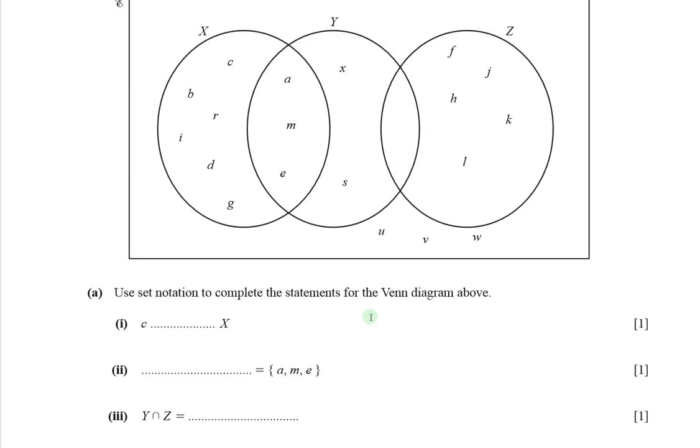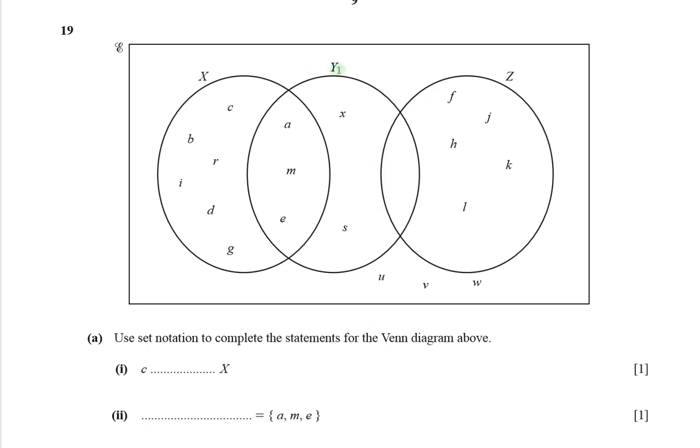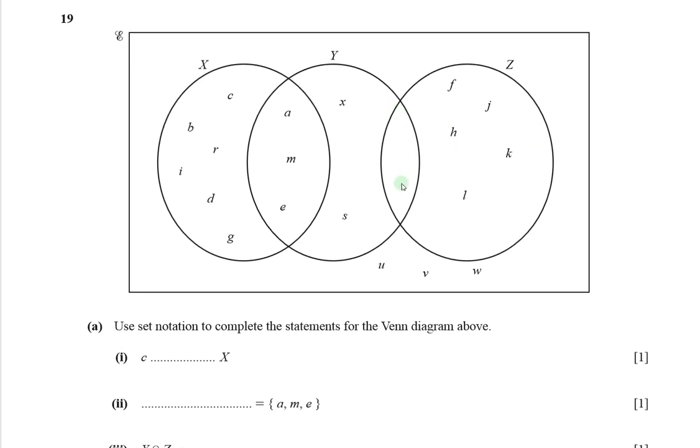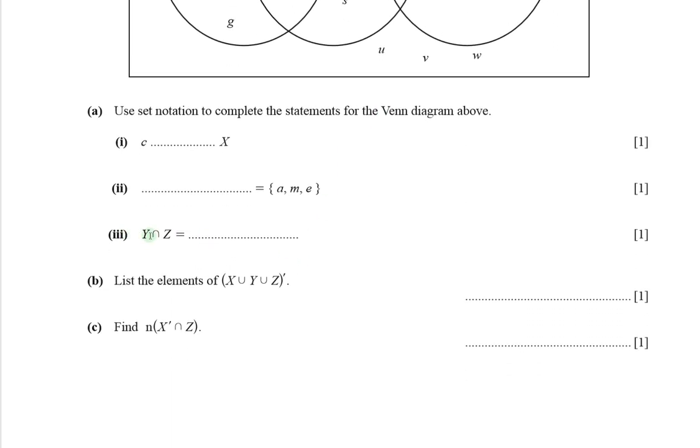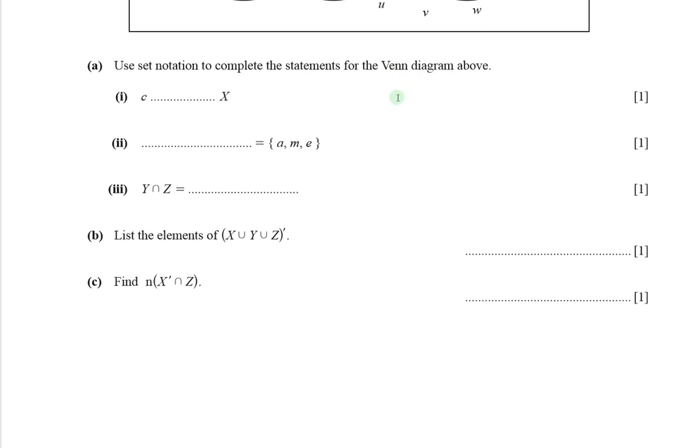Now Y intersect with Z. It's talking about this point here. Is there any element in this intersecting area? No element.